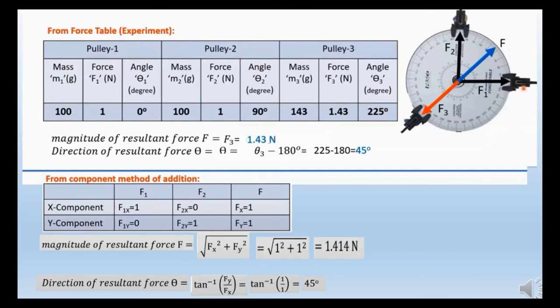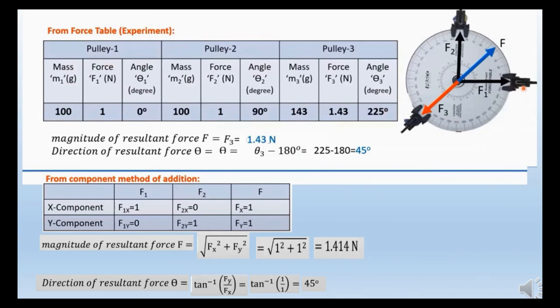From the component method of addition, we get the X component and Y component. For the X component, F1x equals 1, F2x equals 0, Fx equals 1. On the Y component, F1y equals 0, F2y equals 1, and Fy equals 1.